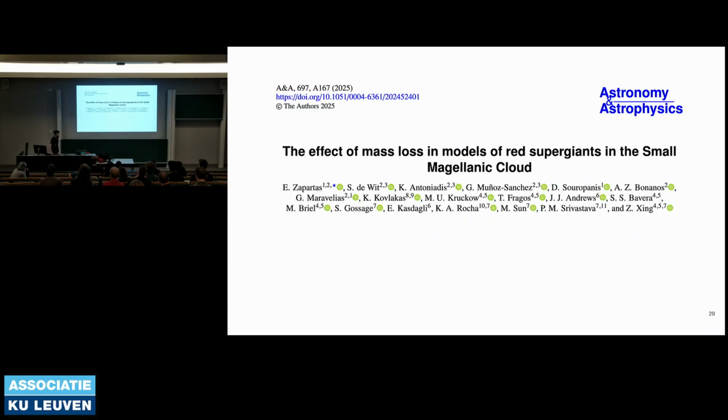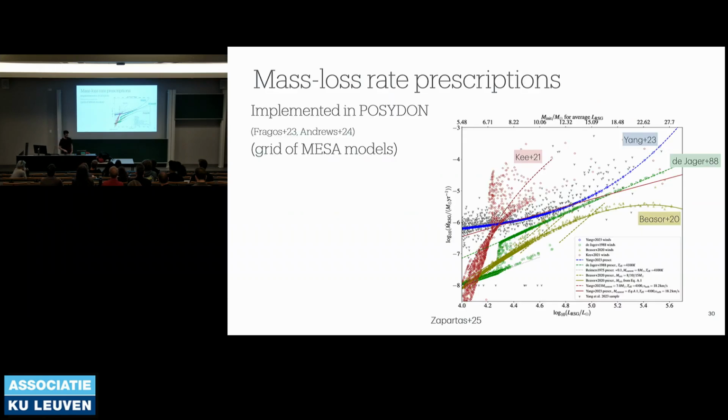Okay, now I'm moving on to the next work from our group that I'm going to present to you, led by Manu Zapartas: applying the effect of different mass loss prescriptions in stellar evolution models at SMC metallicity.